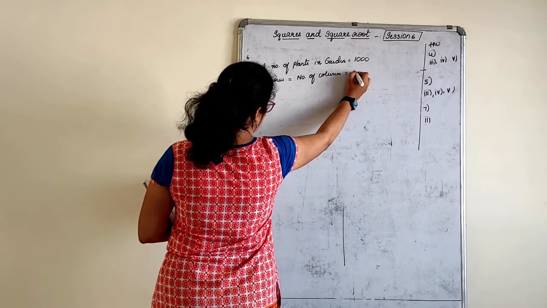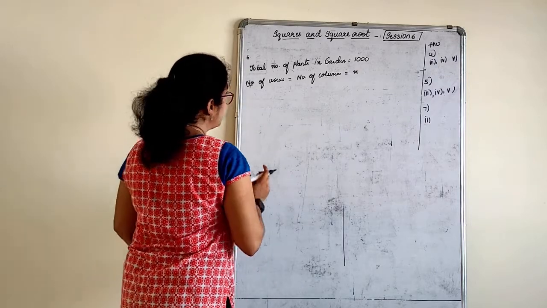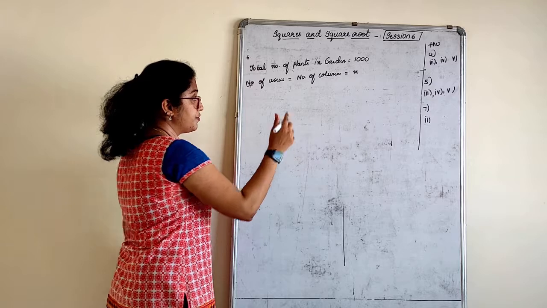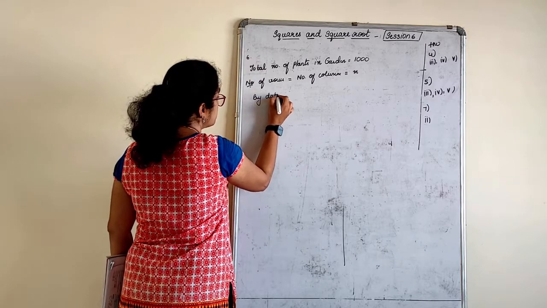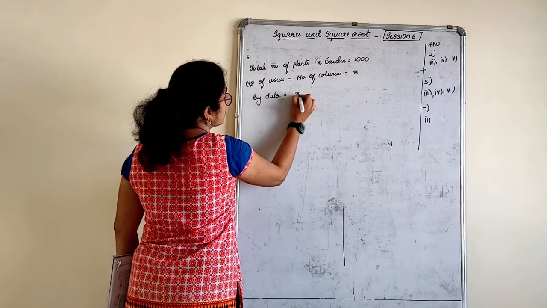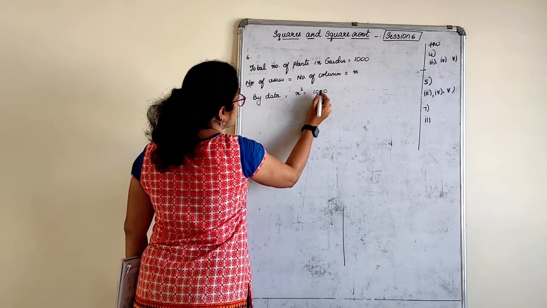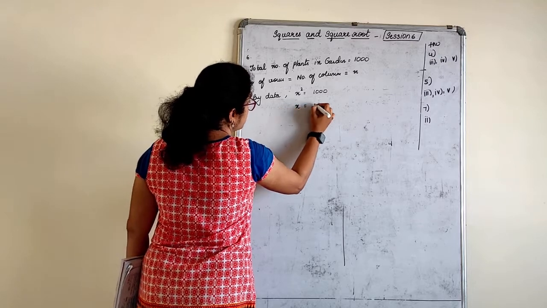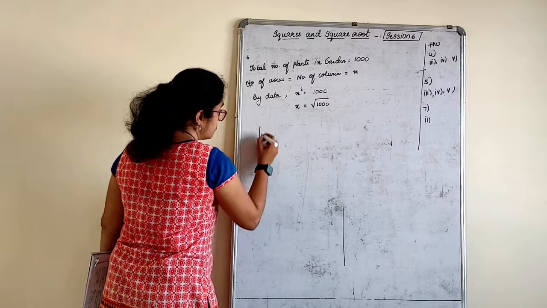That is equal to x. So find the minimal number of plants. By data, x square is equal to 1000. Therefore, x is equal to root of 1000.